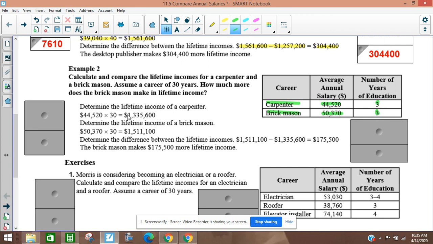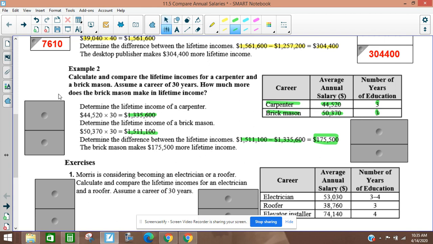Now, when they multiply, the carpenter makes $1,335,600 in 30 years, and the brick mason makes $1,511,100. When we find the difference, it's a difference of $175,500.